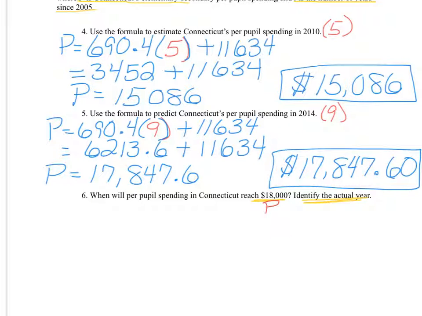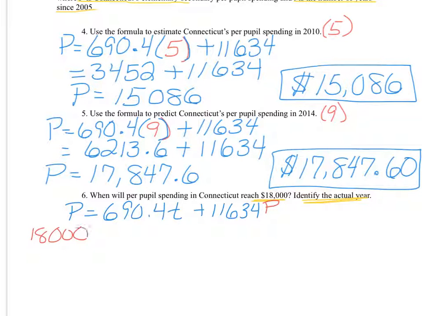So let's do this. Our original equation is P equals 690.4 T plus 11,634. 18,000 is going where P is, so 18,000 equals 690.4 T plus 11,634.